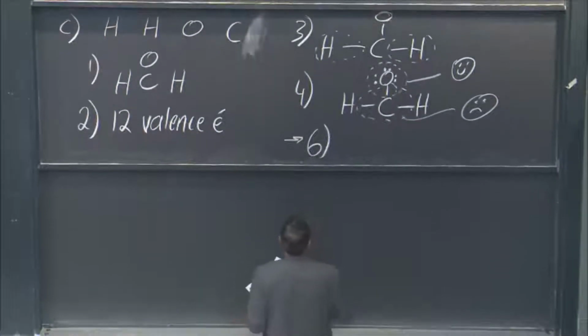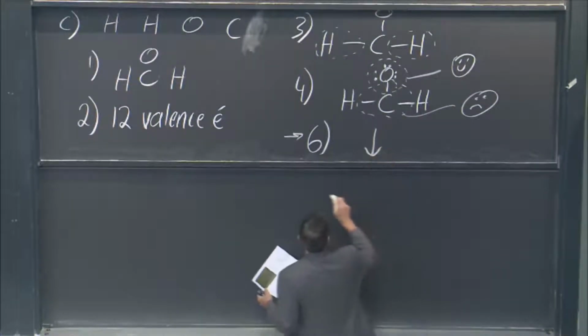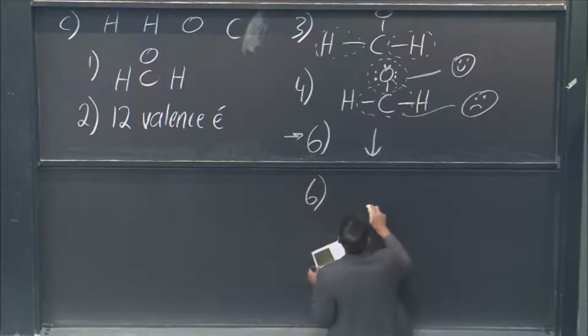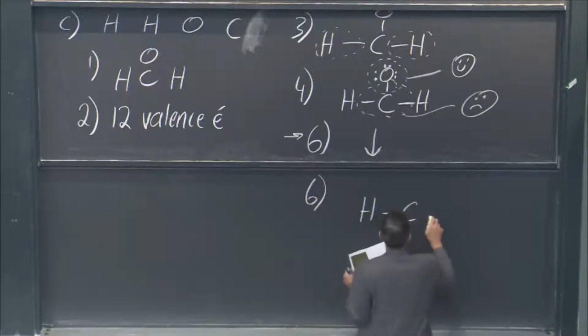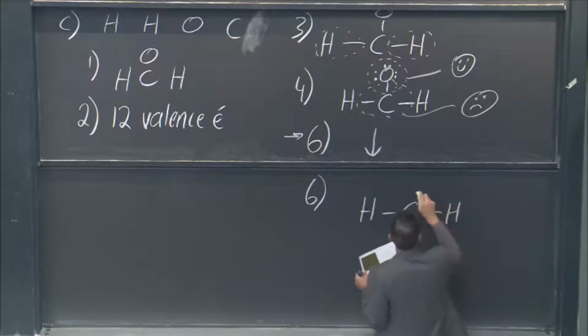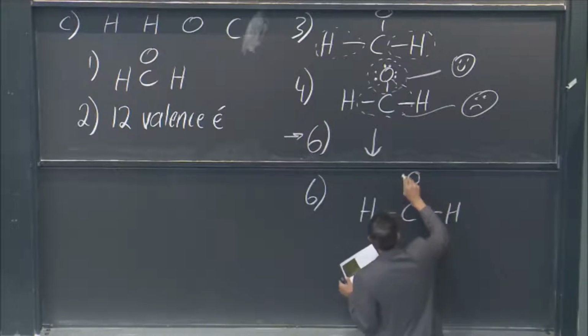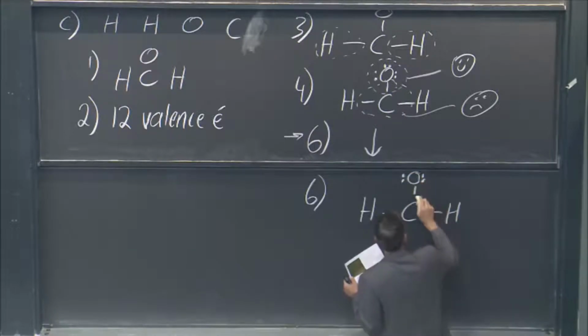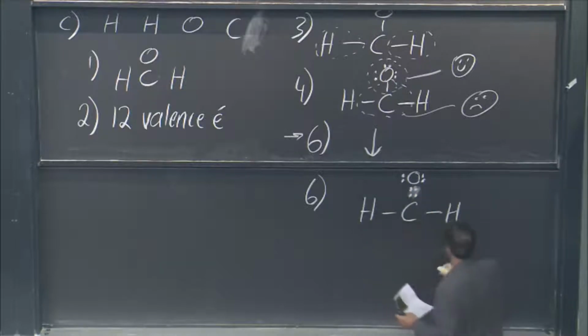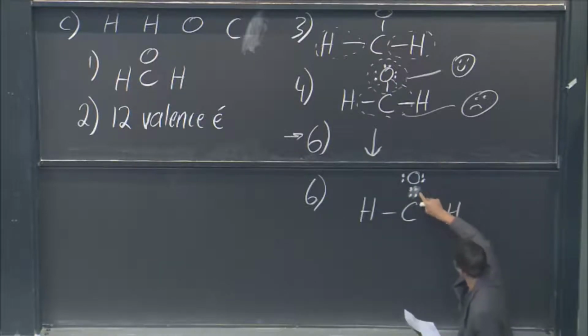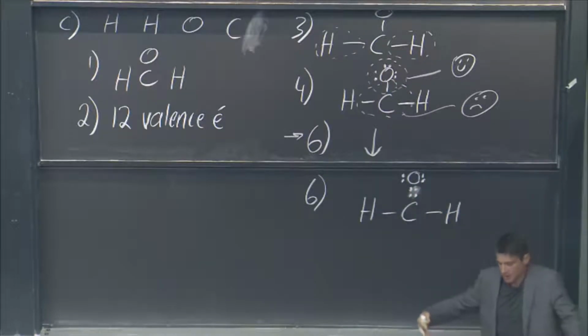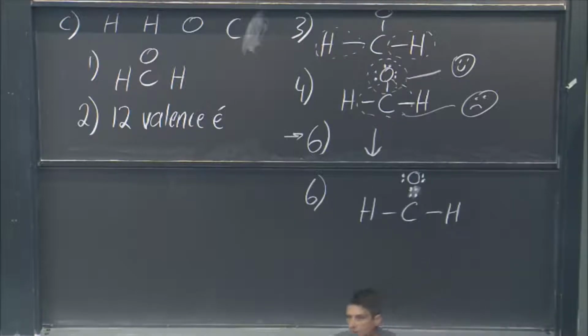And I'm going to go down to here, 6 continued, and all I need to do is to follow the instructions, which is take one lone pair and put it here. So I'm going to draw these explicitly now as dots, right? So I took one of those lone pairs and I moved it here, and I created a stronger sharing bond.